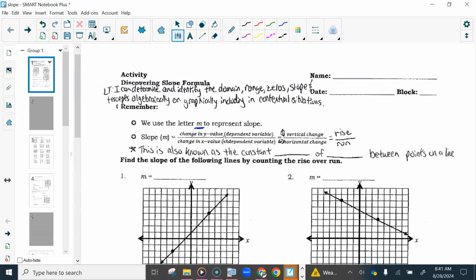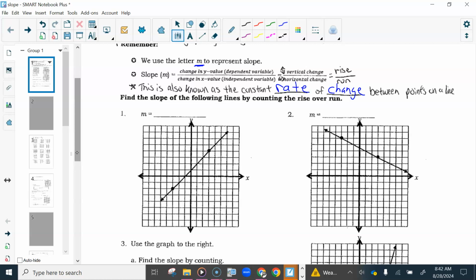So that one's rate of change. If you hear any of those words, rise over run, slope, vertical change over horizontal change, rate of change, they're all interchangeable. So don't get confused by the changing wording.